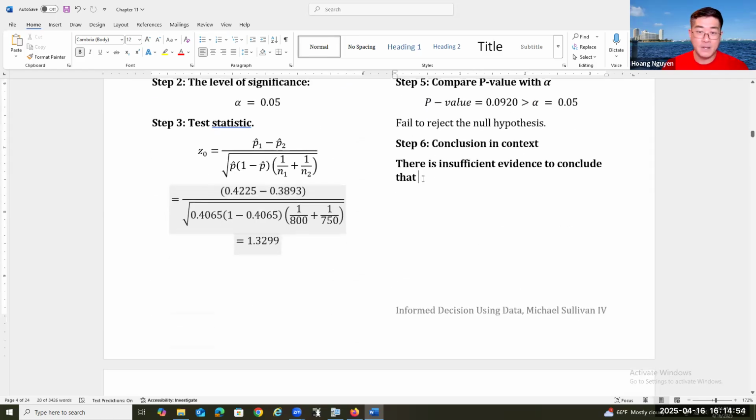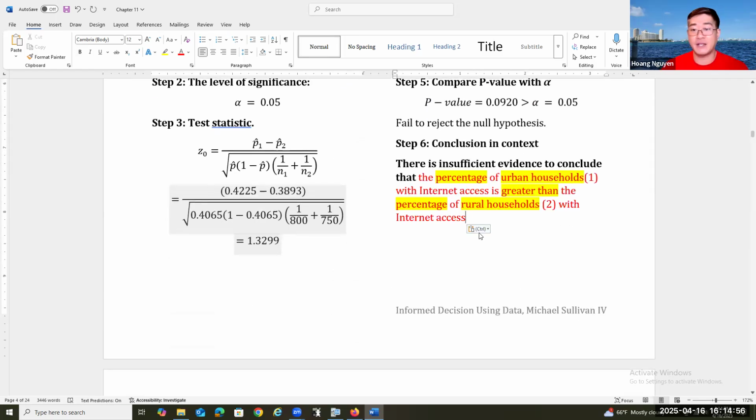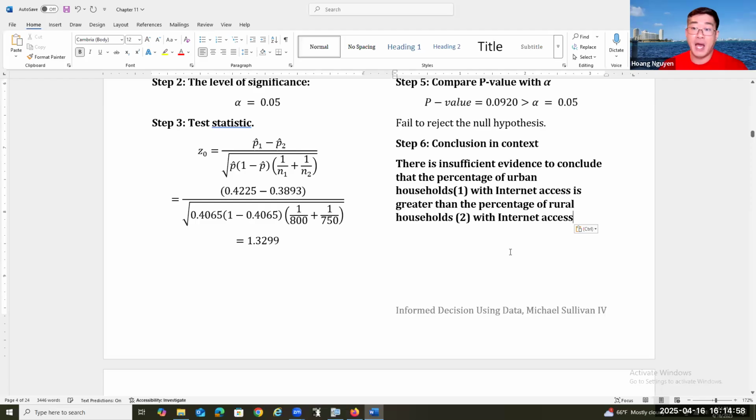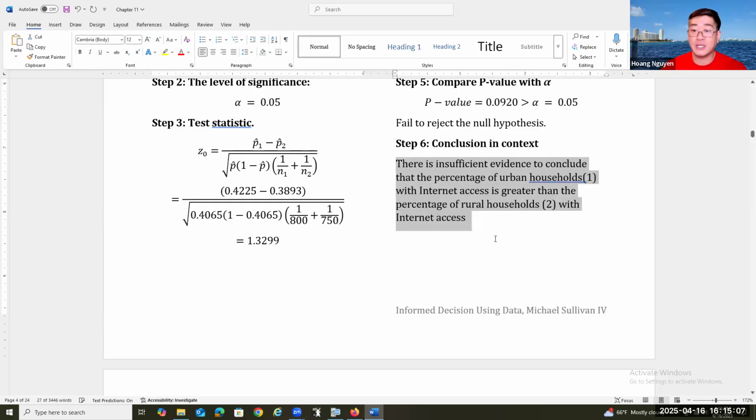So we don't have sufficient evidence to say that urban households have a higher proportion of internet access than rural households. If you want to be more specific, you might mention alpha also, so at the 0.05 level of significance.